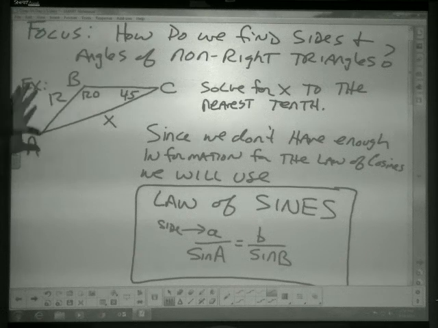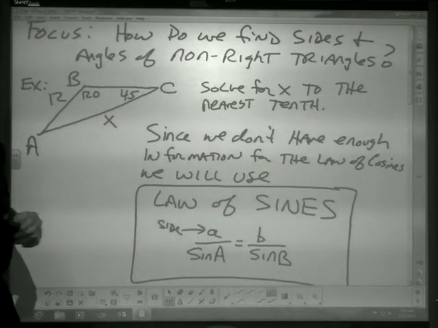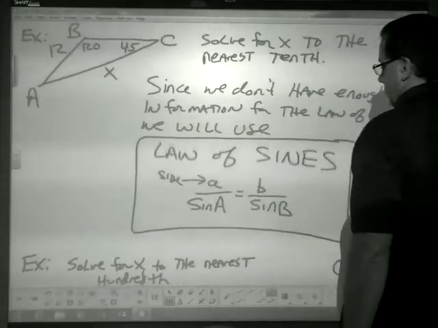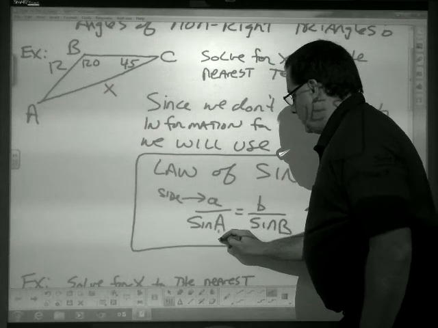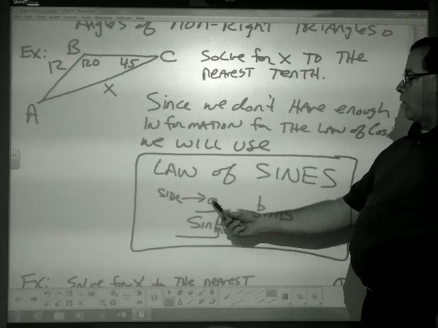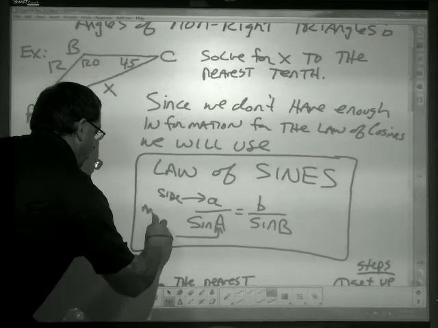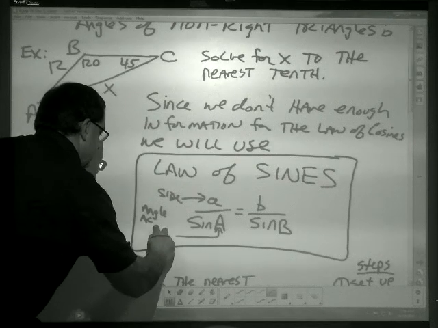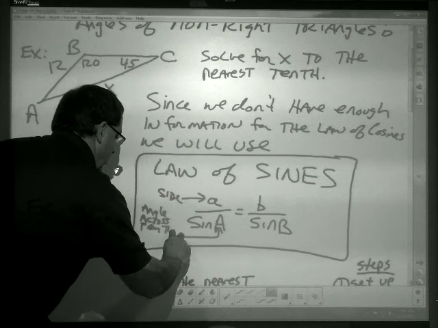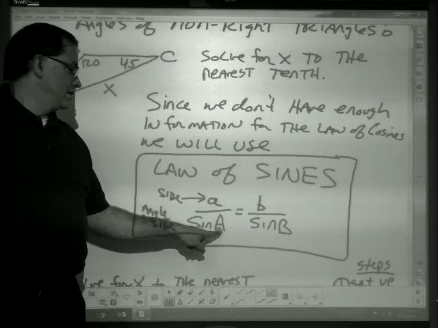I don't want you to get hung up on the letters. You know, what if I didn't use letters A, B, and C? So let's think of it this way. This is a side, okay? This here, that's the angle across from the side.